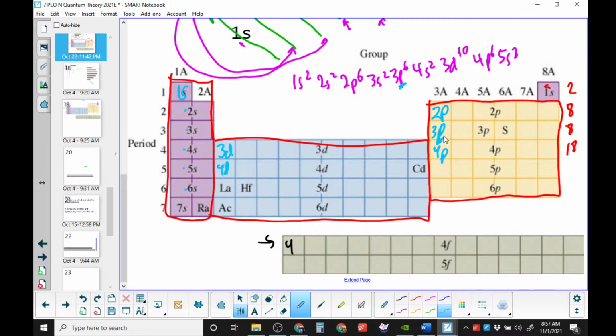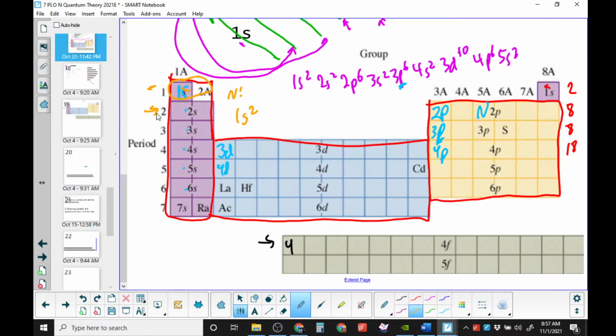So if I ask you, for example, let's say we're going to do nitrogen. Nitrogen is right here. So counting across for nitrogen, I'm starting at the 1s. This is for nitrogen. And I just start counting my way along. So 1s, 2s, I've got 1s2.